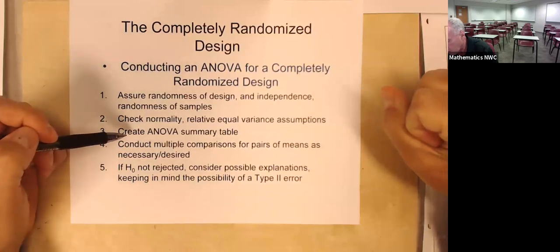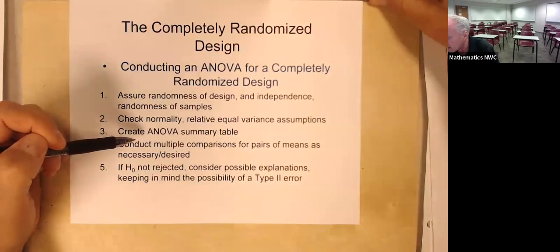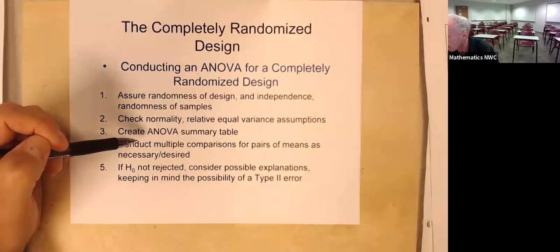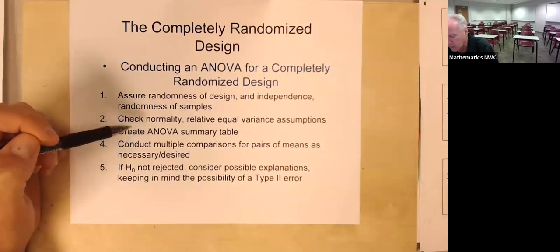We create the ANOVA summary table. That ANOVA summary table was what we just had a moment ago. It's one of those where I told you that you should be able to add up two of them to get the third.